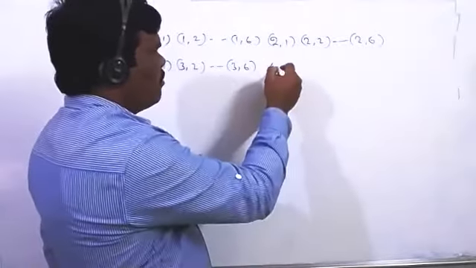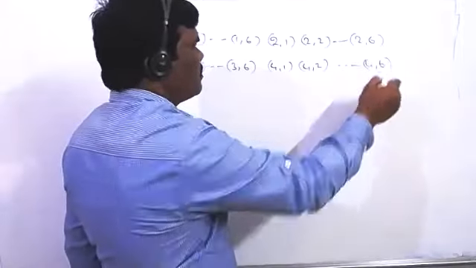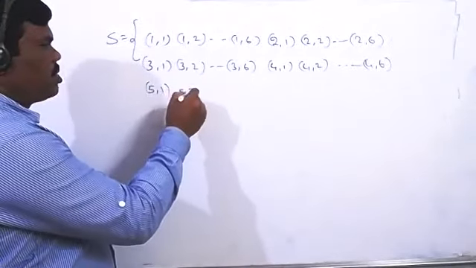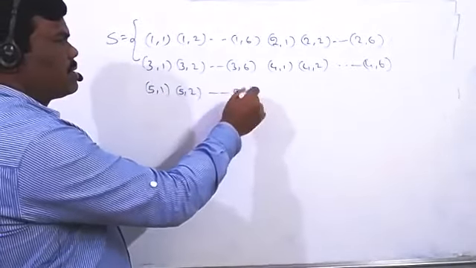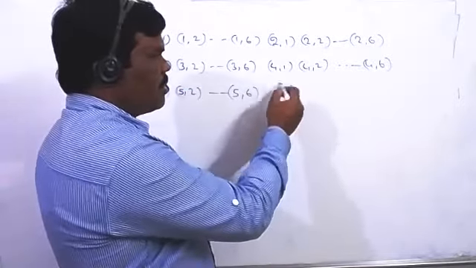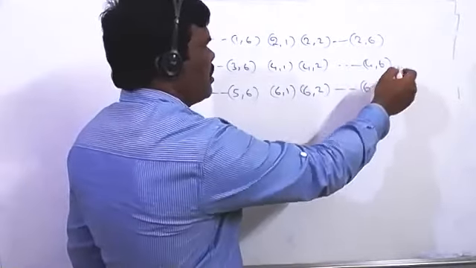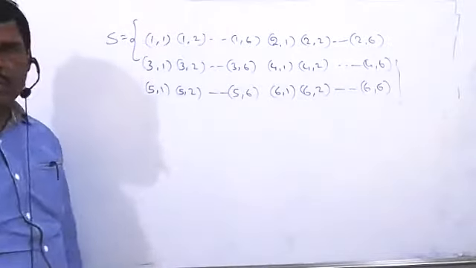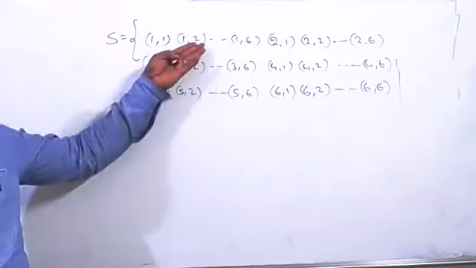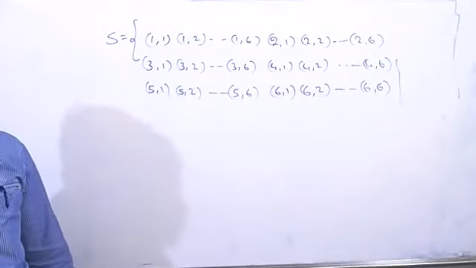Next 4 comma 1 up to 4 comma 6. The same way 5 comma 1 up to 5 comma 6. Next 6 comma 1 up to 6 comma 6. If you throw the two dice, we get the total number of outcomes equal to 36.